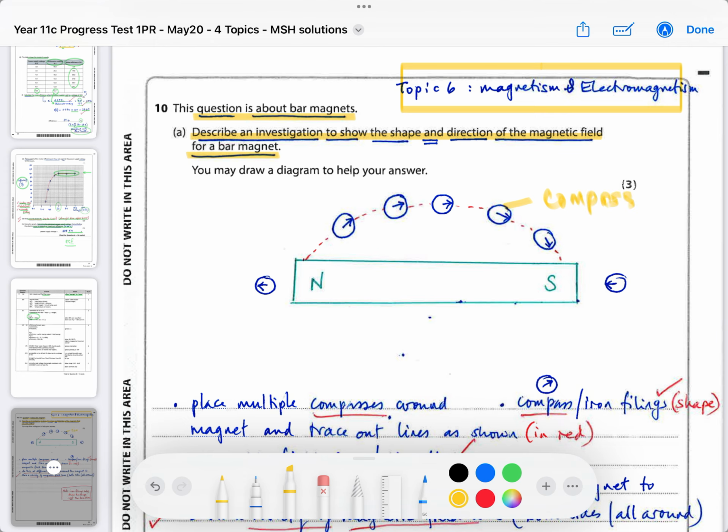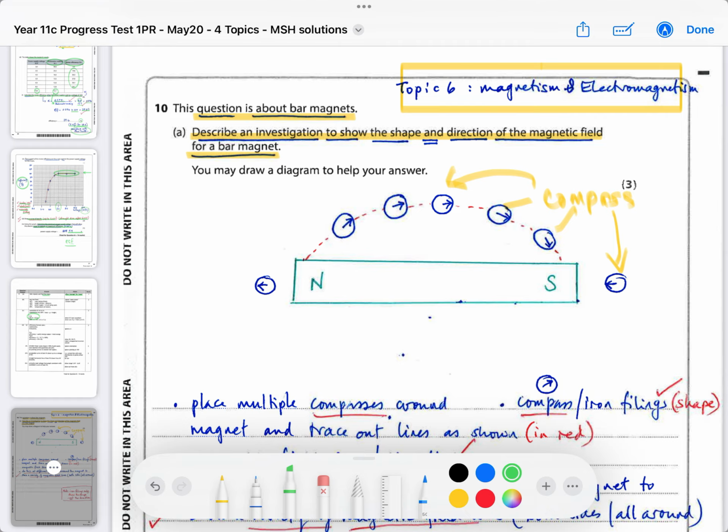I should have labeled this as compasses or compass. So you see, a compass is put in various positions to determine the shape of the field, and the direction can be given by a compass. But if you use iron filings, you can only find the shape.